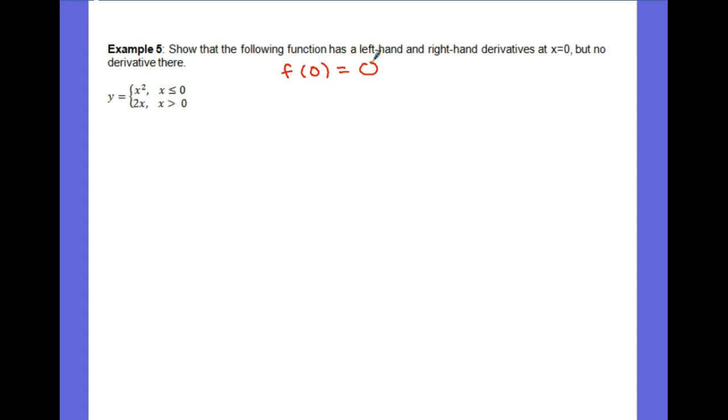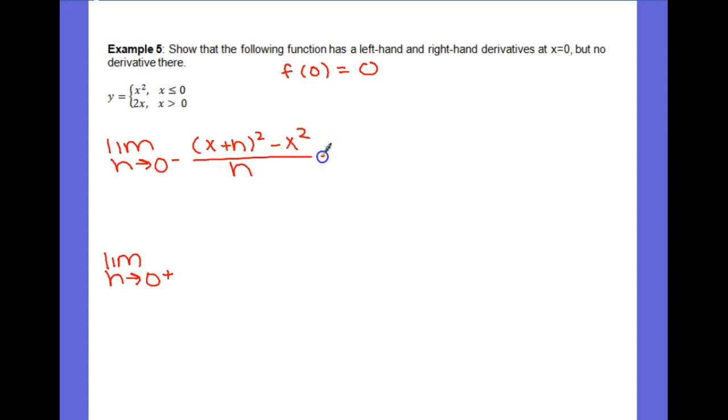So now what we want to do is look at the left-hand derivative. Anytime we have a piecewise function, we have to look at the left-hand derivative and the right-hand derivative. So the left-hand derivative for x squared would be x plus h squared minus x squared all over h.